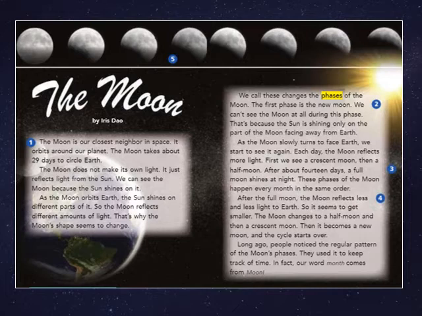A neighbor is someone who lives near you, or someone who sits or stands next to you, or a country or a state that shares a border with yours. So I think the word neighbor in this sentence means the moon is closest to us in space.